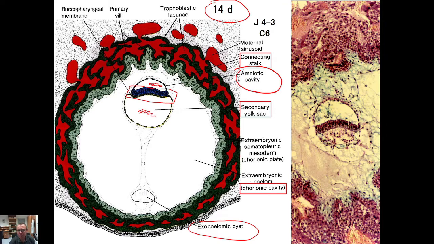All these structures, that means amniotic cavity and yolk sac, are surrounded by loose tissue, which is gray in this picture, not so well visible as in other schemas, but it is visible.